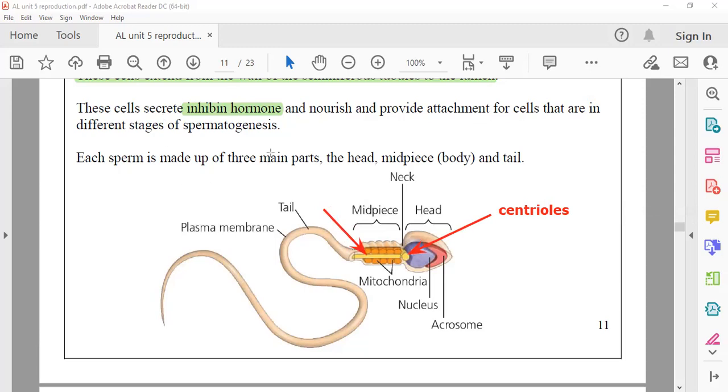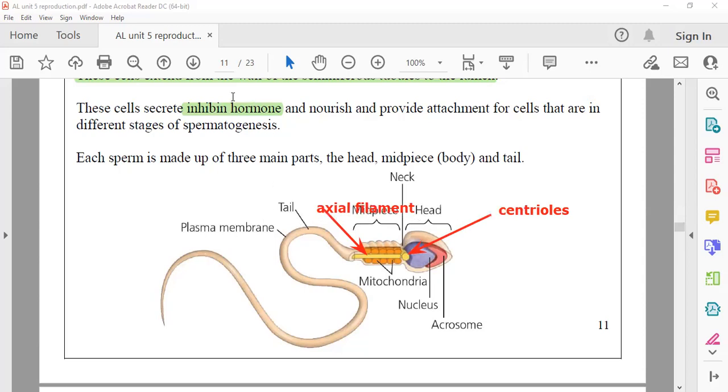If you take this portion, it is called the axial filament. You know, in a flagellum there is a 9+2 structure, no? That 9+2 structure will be there in this axial filament.